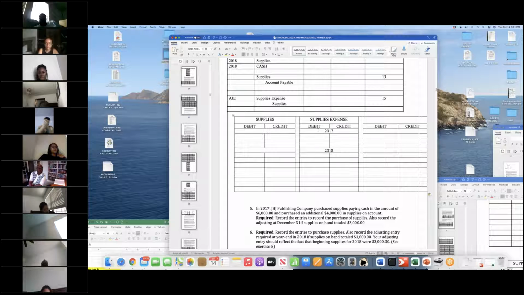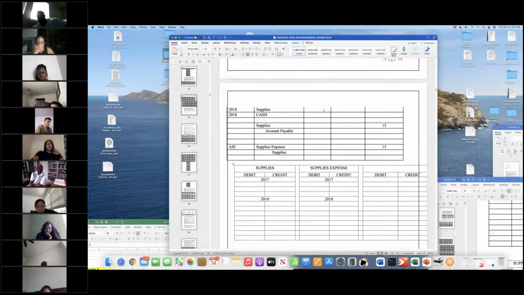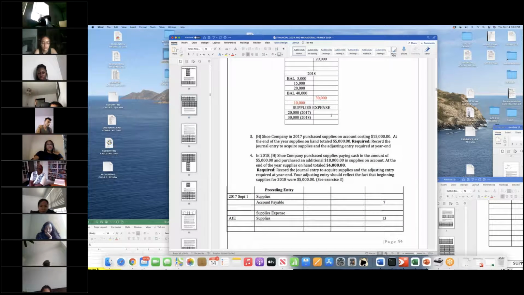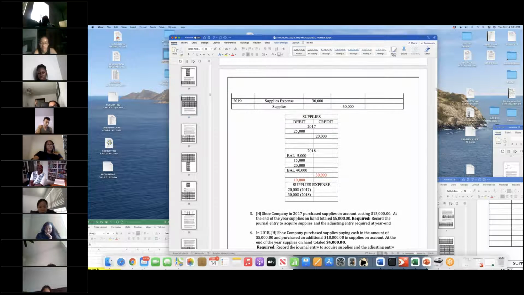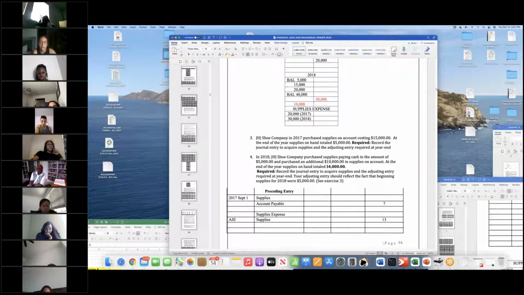Okay, so we have supplies expense and supplies. We have the 2017 year and the 2018 year. And of course, we said these entries always basically stay the same in terms of the amount.